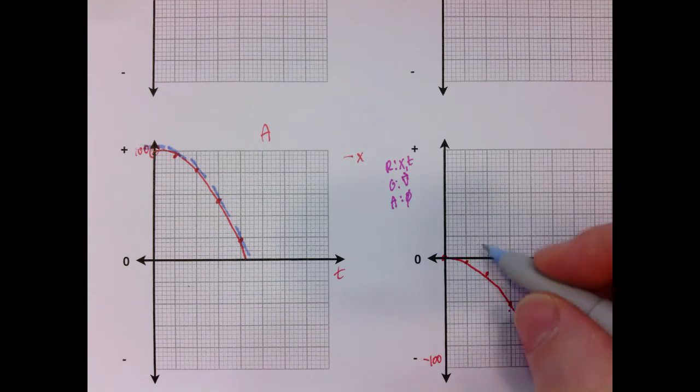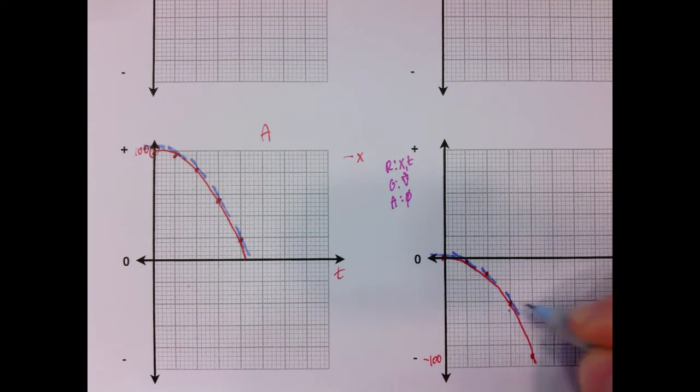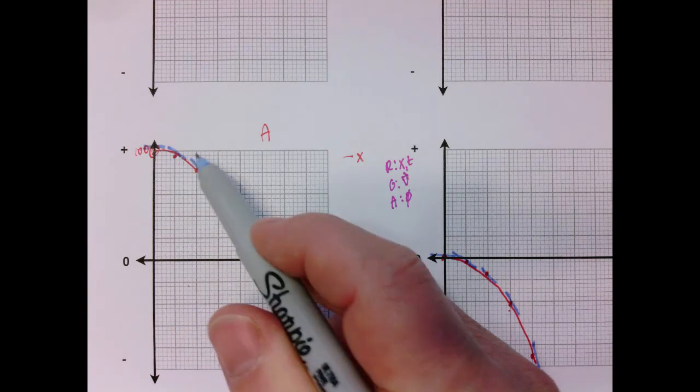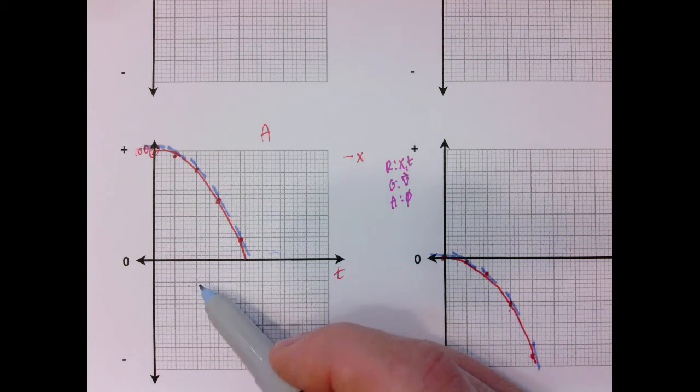The velocity is given by the gradient of the tangent, and you can see that the gradient is increasing, and that in both graphs, the gradient is negative, which means the velocity is negative. It's headed toward negative positions.